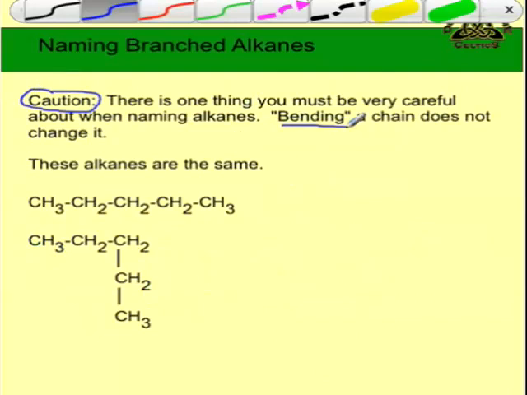Let's take a look at an example of this. This clearly is pentane, 1, 2, 3, 4, 5 carbons long. This is pentane. Some people, when they look at this, would think it's a branched alkane because this part of the formula is pointing downwards, but if you look carefully, you'll notice that it's not really a branch.